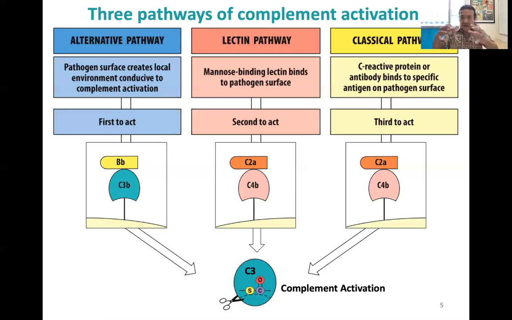And so that's how you then get a very fast spreading of opsonization with C3b on the target. So that's all our alternative pathway. And even though it's called the alternative pathway, it is the first one to act, right?